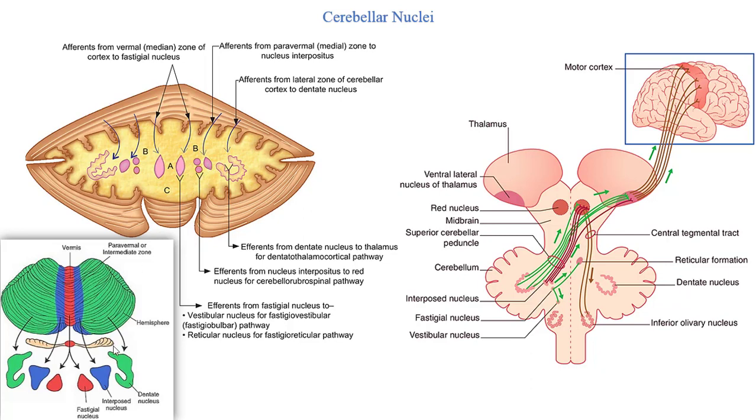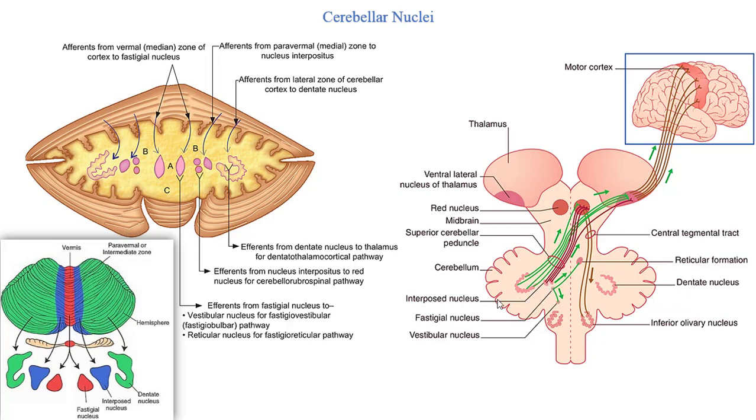They belong to paleocerebellum, so receive fibers from paleocerebellum. The emboliform and globose nuclei have a similar course as the axons from the dentate, but with the addition of another synaptic target.